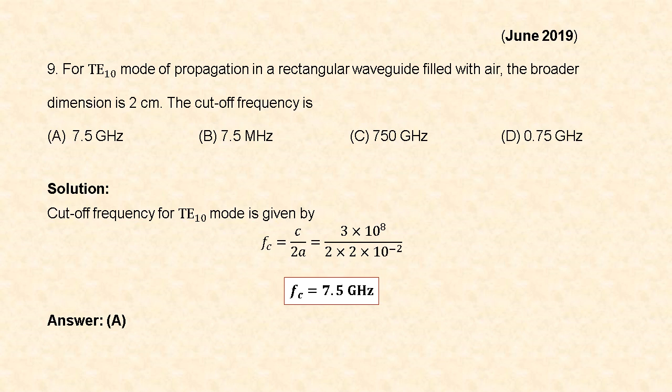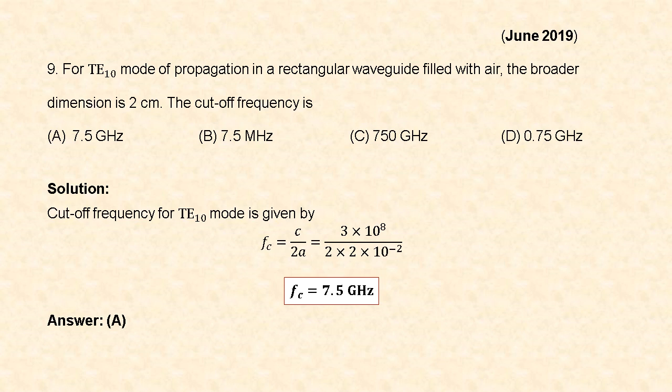Solution. We know the cutoff frequency for TEmn mode is Fc equal to C by 2 into square root of m square by a square plus n square by b square. Substituting m equal to 1 and n equal to 0, we have Fc equal to C by 2a, which is 3 into 10 to the power 8 divided by 2 into the broader dimension, 2 cm.